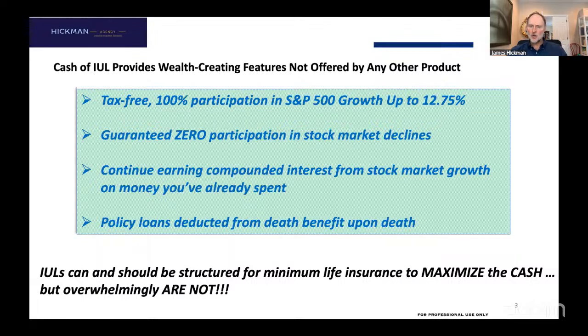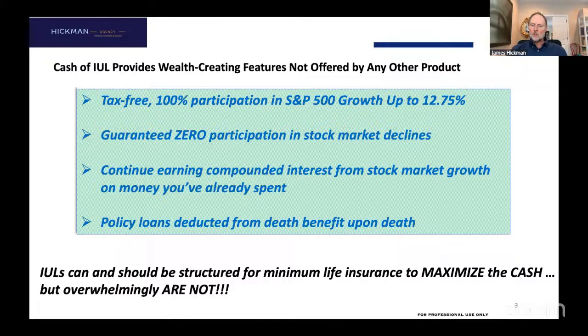If it's not structured properly, and something like 97% of the IULs out there are not structured properly, you've got what's probably a so-so life insurance policy, but in a worst case, you've got a product that you're probably wasting your money on. That's if an agent has set up your IUL for maximum life insurance protection.